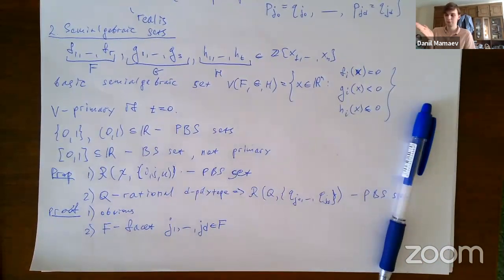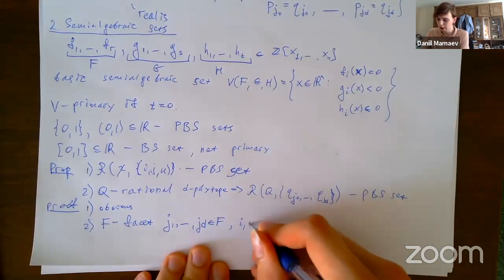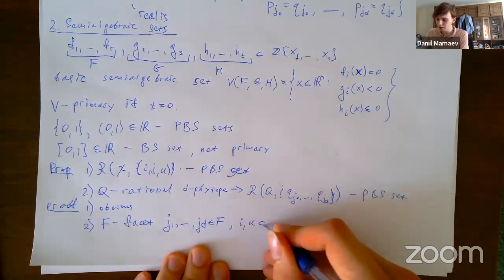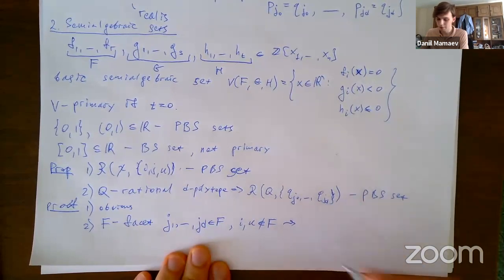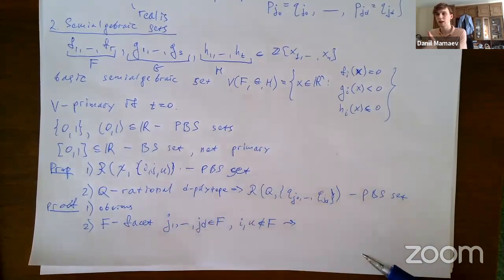Can you see my hand? We want to say that our polytope lies on one side of this facet. And that's basically all. So if we have 2 indices not in our face, then the corresponding vertices should lie on the same side of the facet.